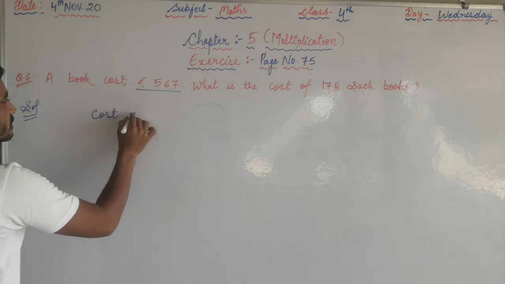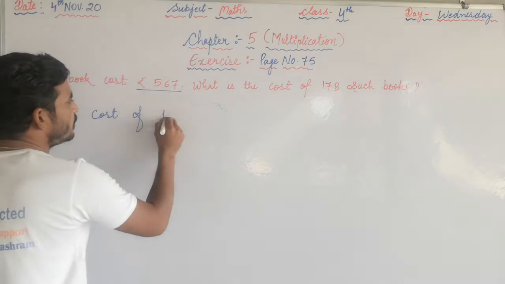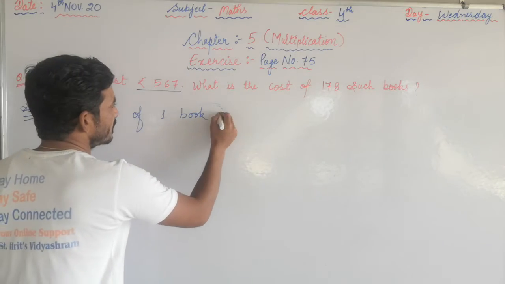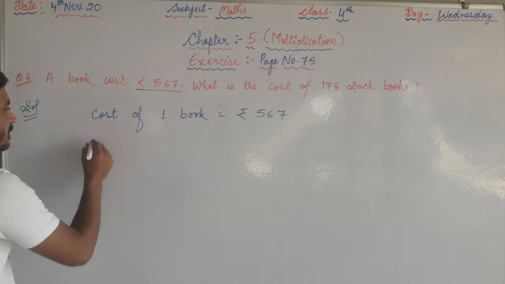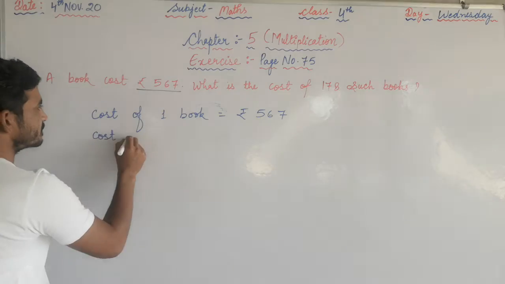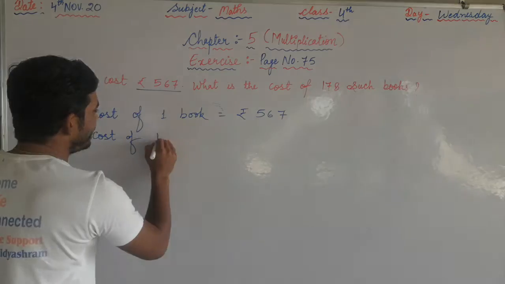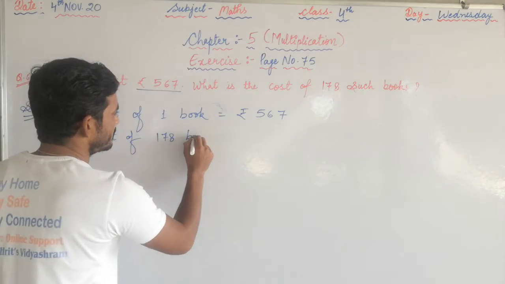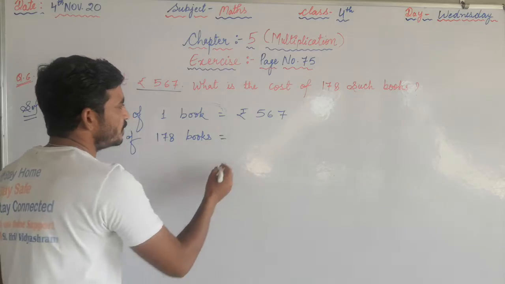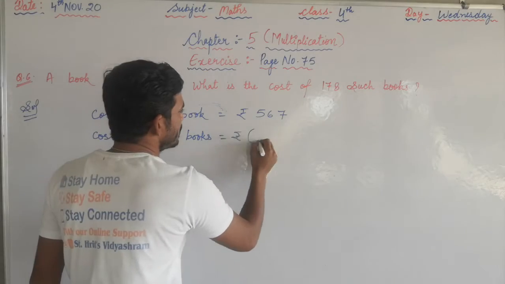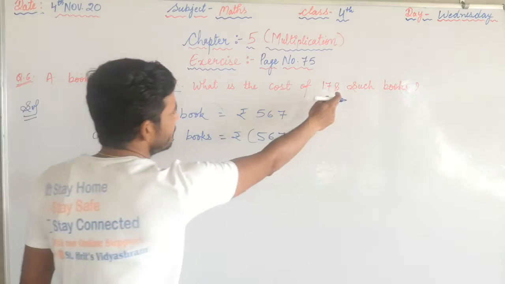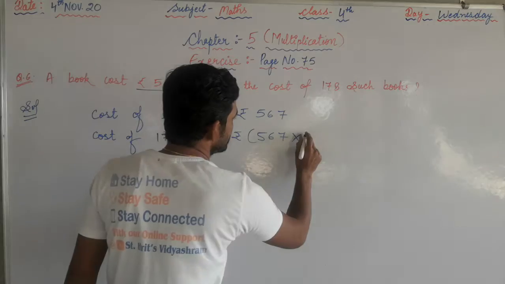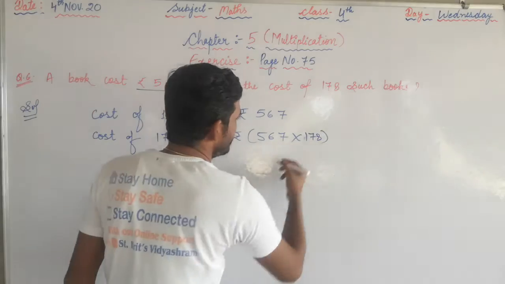Cost of one book equals rupees 567. Now cost of 178 books equals rupees 567 multiplied by 178.